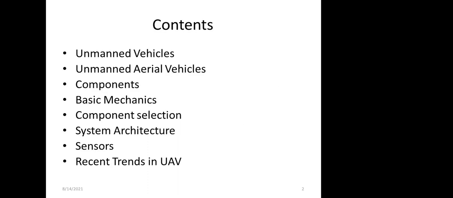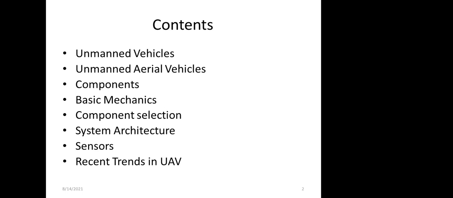Coming to today's content, instead of talking only about history and unmanned aerial vehicles, I have looked at which vehicles are there where a human is not needed. One is unmanned vehicles, the second is unmanned aerial vehicles. We will give a brief intro to both.